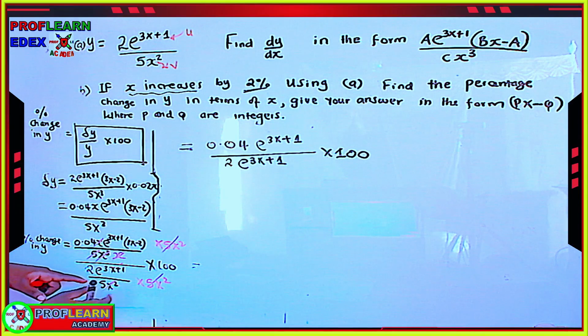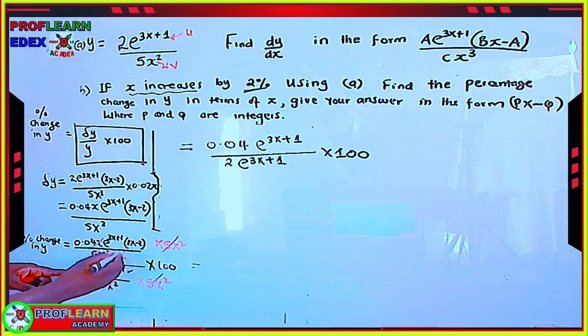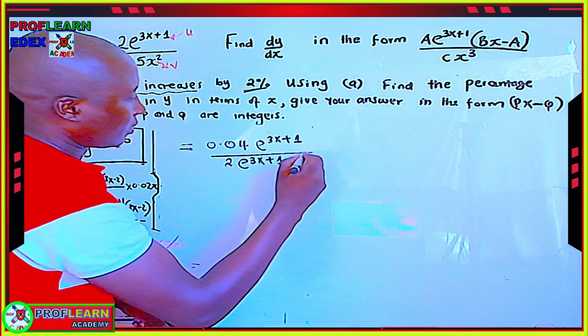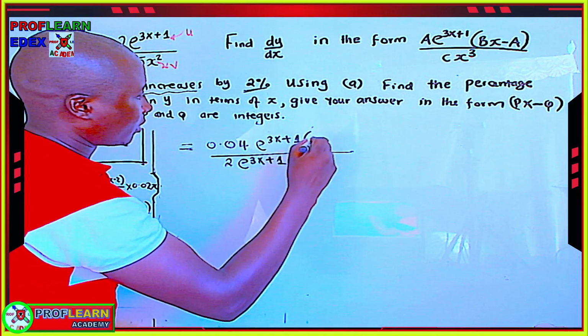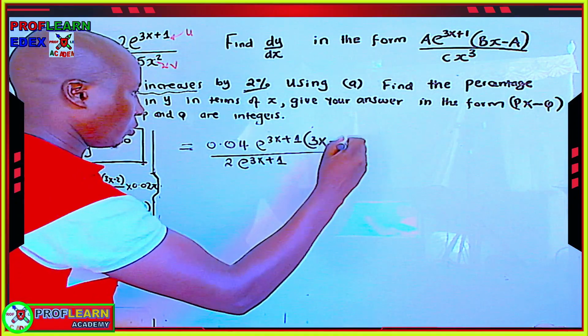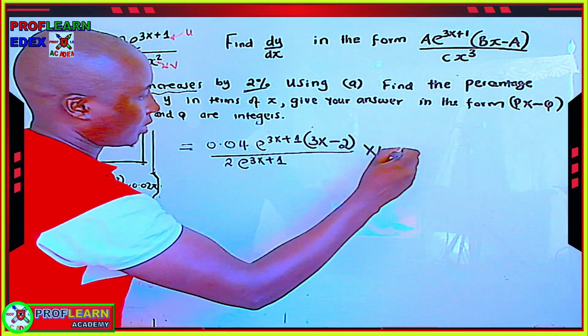This cancelled, we remained with this part and 3x minus 2 at the top, then times 100.